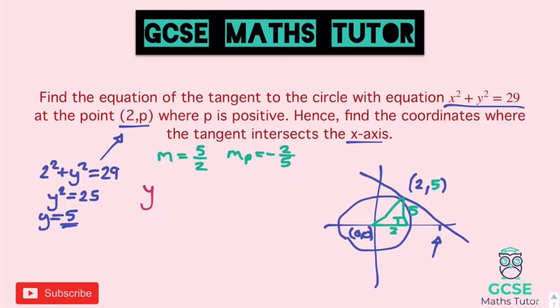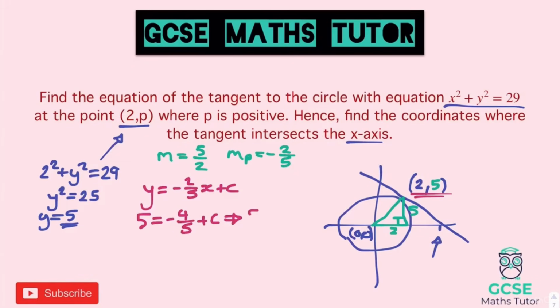So y equals negative 2/5 x plus c. And now we can sub that coordinate in. We've got 2, 5, so we can put that into our equation. So 5 equals negative 2/5 times 2, which is negative 4/5, plus c. And then you can add 4/5 over to the other side.